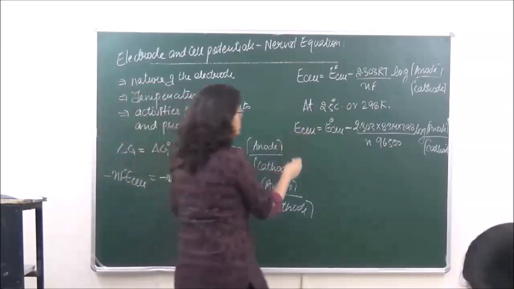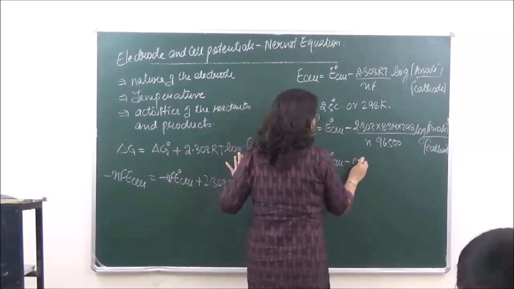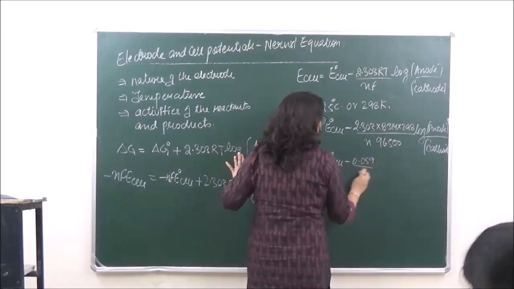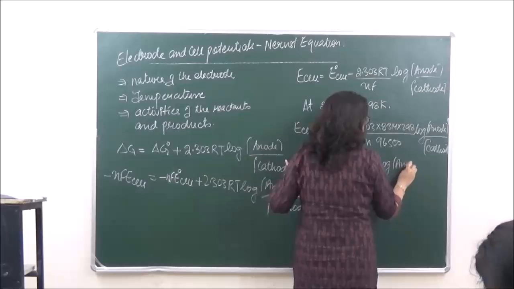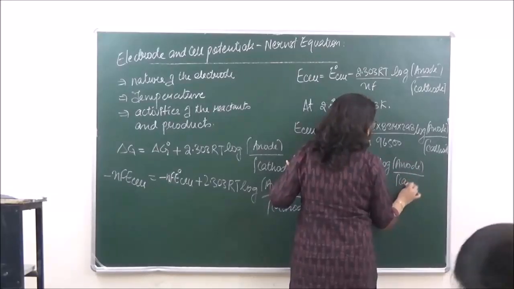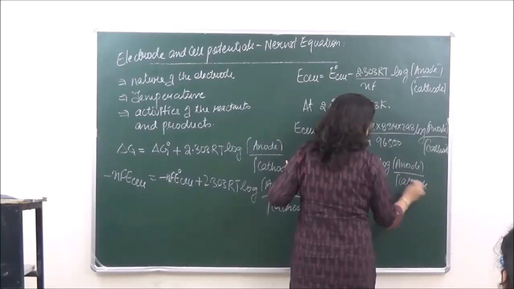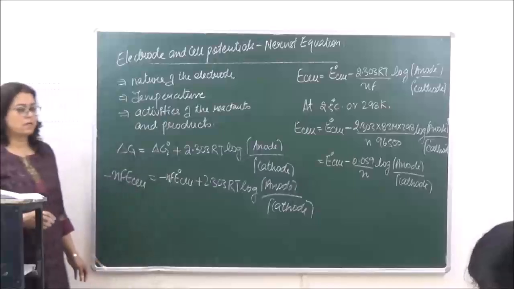So solving this we have E naught cell minus 0.059 upon n log of concentration of anode upon concentration of cathode. This is what the E cell is.